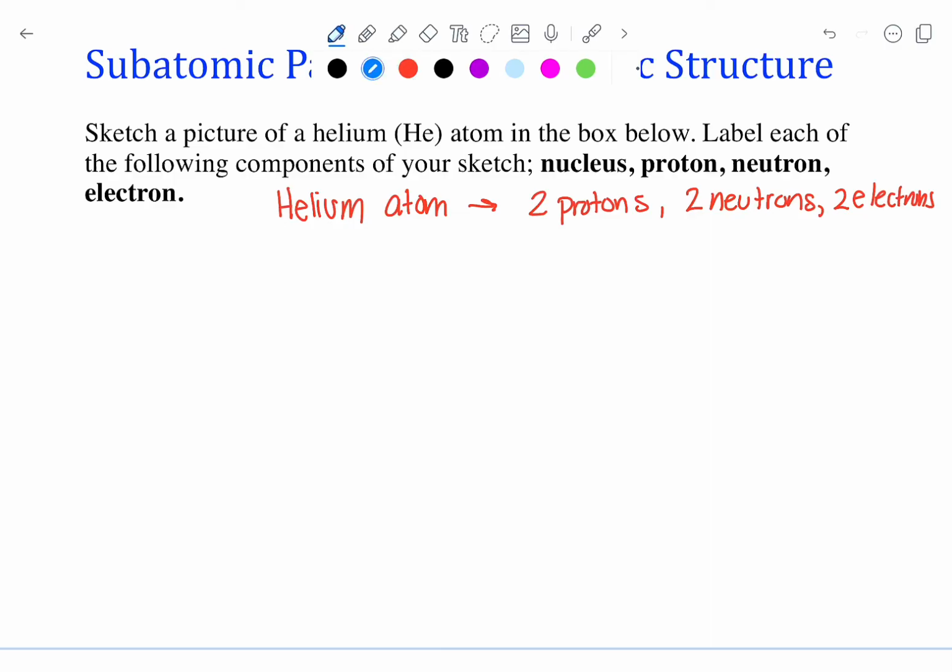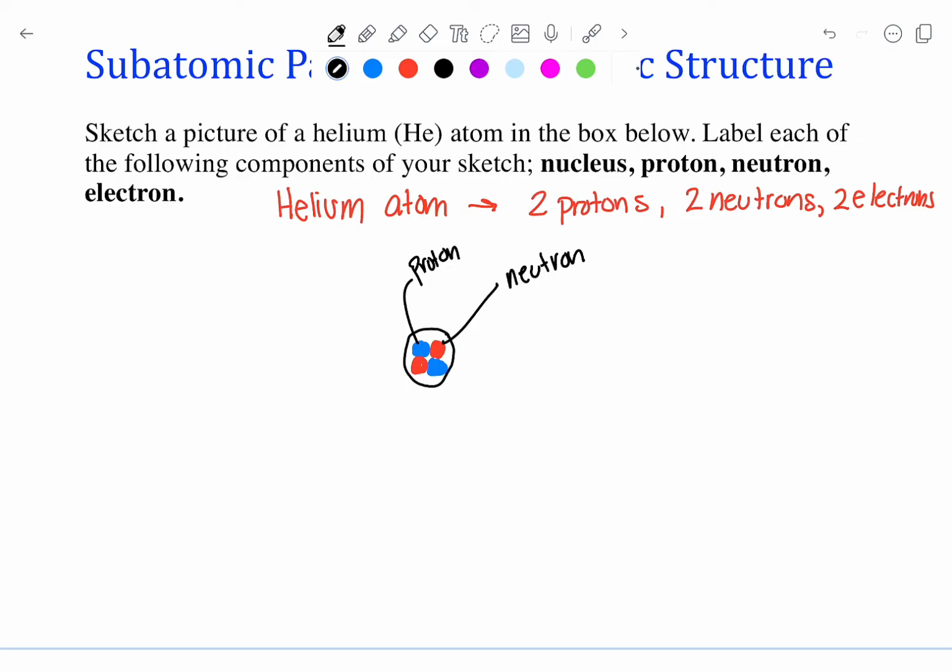So, let's see. We'll have our 2 protons here in the middle. There's a proton, and there's a proton. We then have our neutrons. They are also in the nucleus. So there's our nucleus. We have proton, and we have neutron.